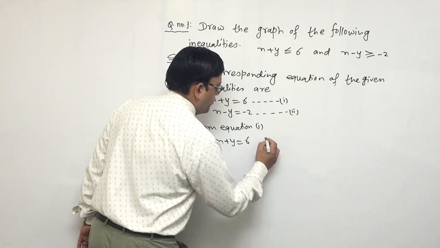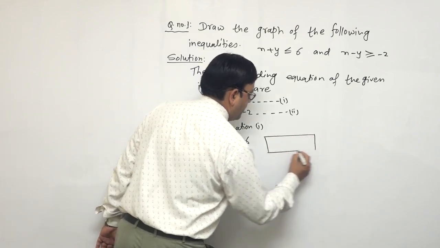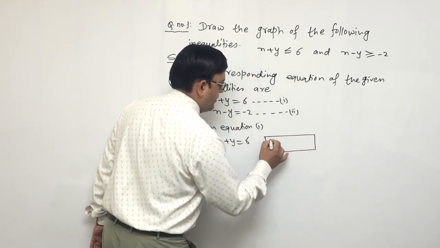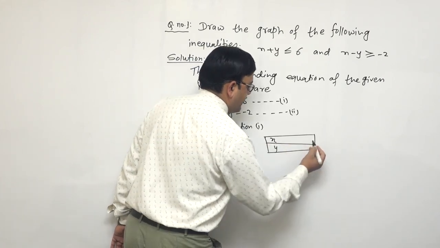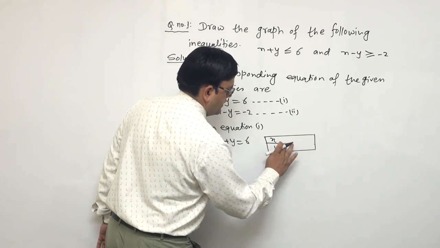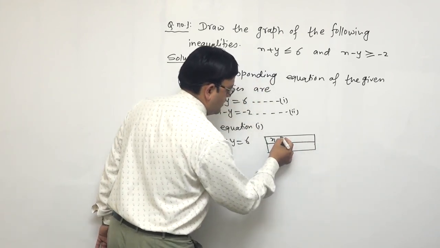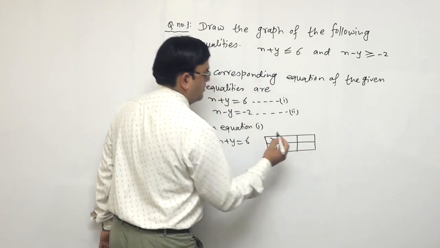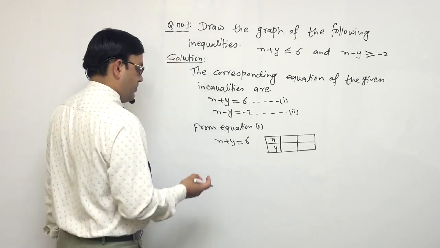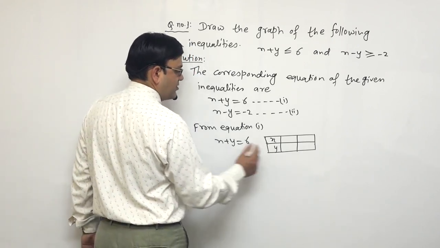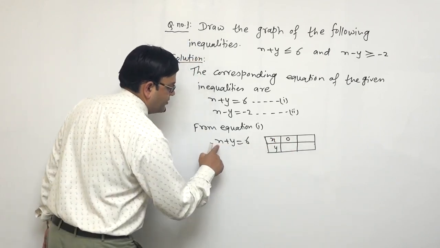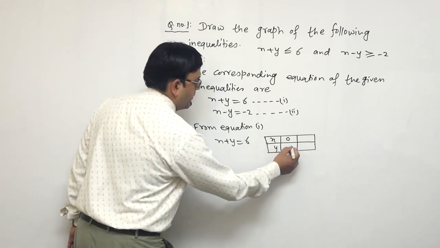Now we have to draw one table, and where we can write x and y. So suppose x is equal to 0. If x is 0, then y is 6.